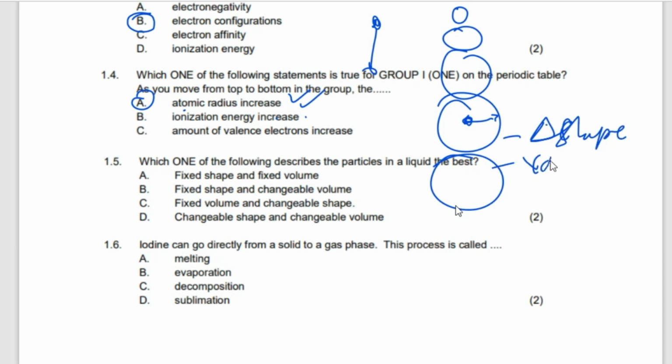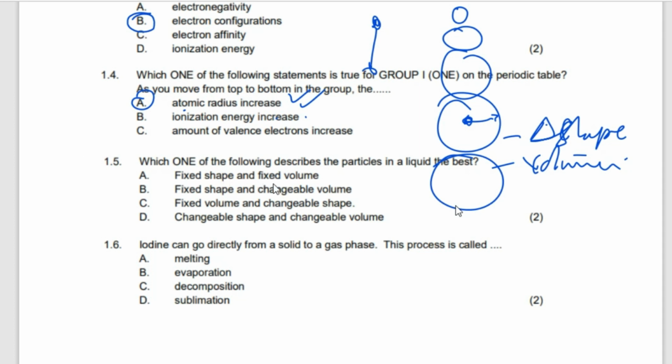But their volume is the same, meaning that they're incompressible. Liquids, you have to know that liquids are incompressible. You cannot change the volume of a liquid, but you can change the shape of the liquid. Pour water in a balloon and then start to do like this. You see that the volume remains the same, but the shape changes.